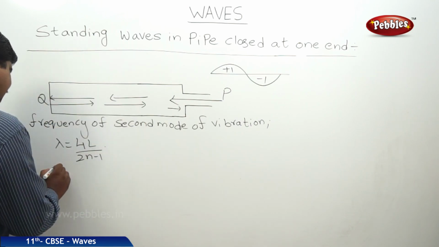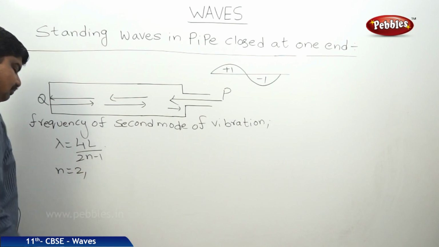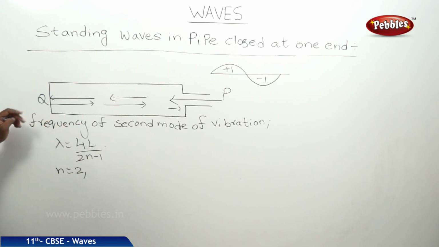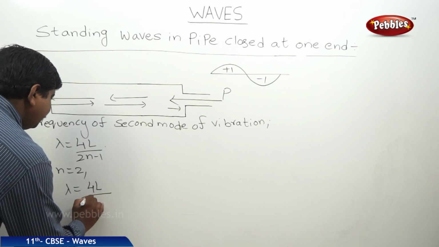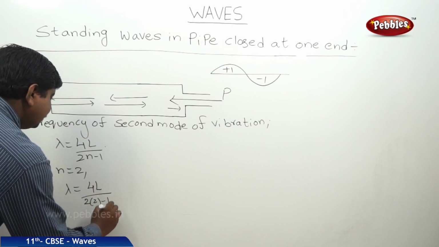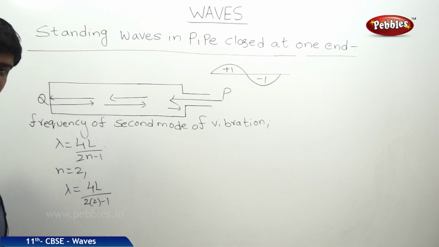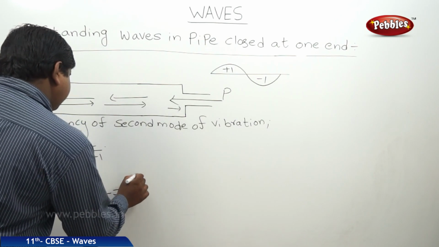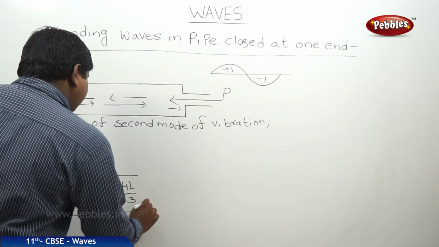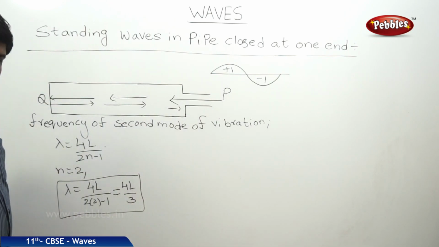Second mode of vibration means n is equal to 2. Now I am substituting n is equal to 2. Therefore, lambda will become 4L by (2 into 2 minus 1). 2 2s are 4, 4 minus 1 is 3. Therefore, it is 4L by 3. This is the wavelength in the second mode of vibration, 4L by 3.